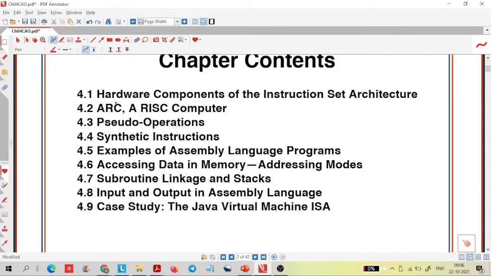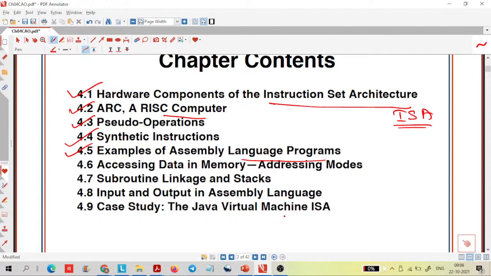Mainly here we'll discuss the different hardware components of instruction set architecture: ISA, then a RISC computer, pseudo operations, synthetic instructions, and examples of some assembly language programs.